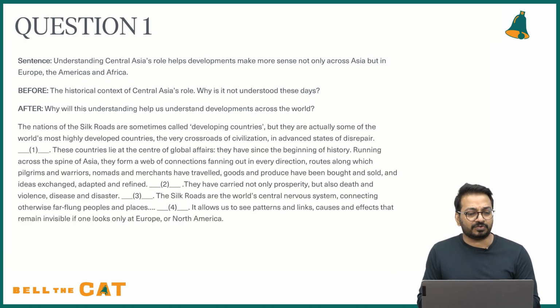The nations of the Silk Roads are sometimes called developing countries, but they're actually some of the world's most highly developed countries, the very crossroads of civilization in advanced states of despair. It's saying that, okay, the Silk Road countries are called developing countries, but they're already developed. It's just that they're right now in a bad shape, right? Now, can one be the option?